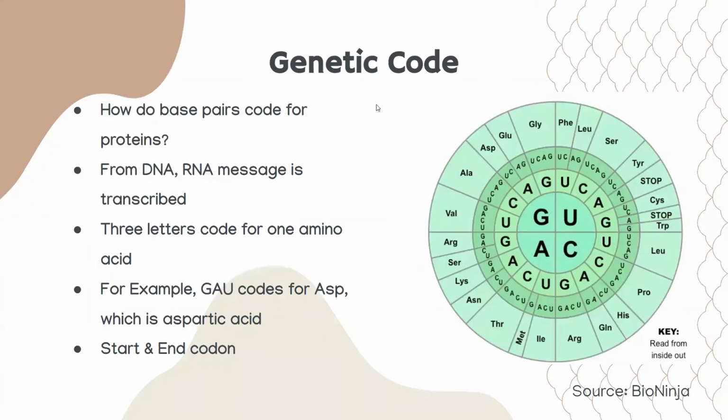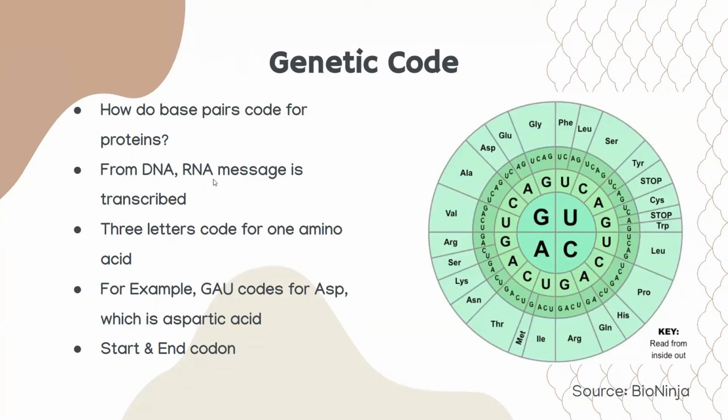Next up, I'll talk about the genetic code. The genetic code is how base pairs code for proteins. From DNA to RNA, the message is transcribed. As I said before, the message from DNA language has to be transcribed into RNA language, because DNA is like the actual file and RNA is like a copy file.